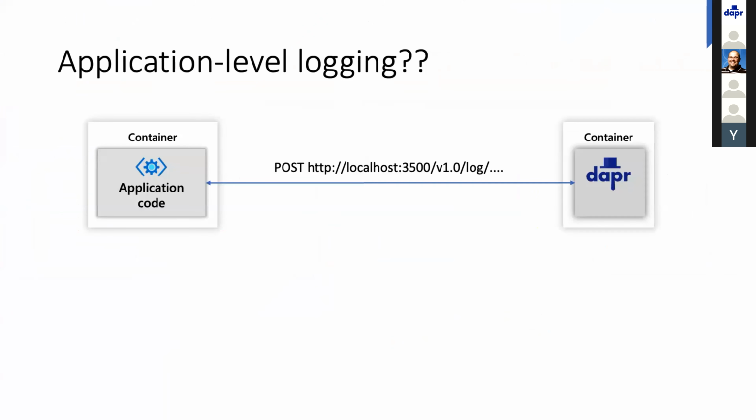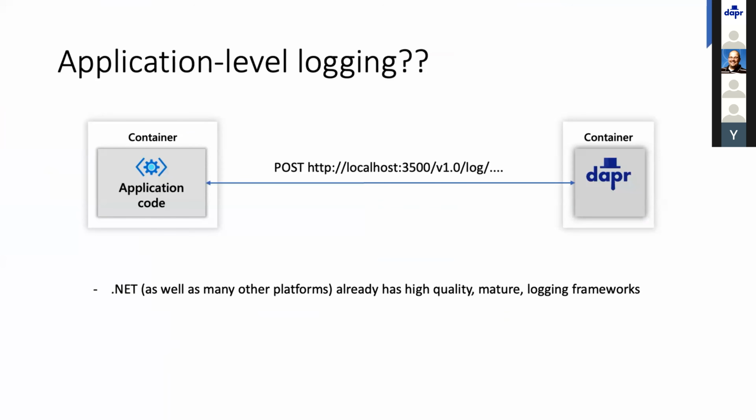So this brings me back to our initial question. Does it make sense for Dapr to offer a building block specifically designed for application level logging? And we think the answer is no, for a couple of reasons. First of all, .NET, as well as almost any other platform, already has very high quality mature logging frameworks in place.